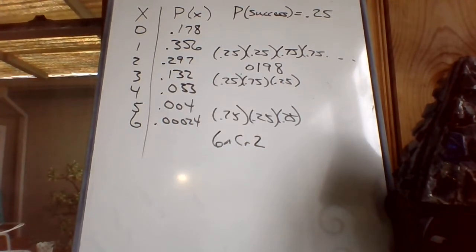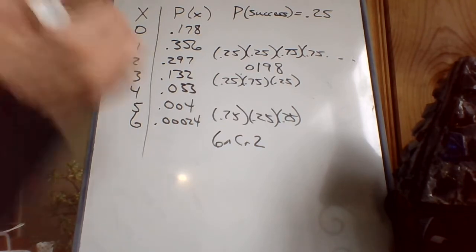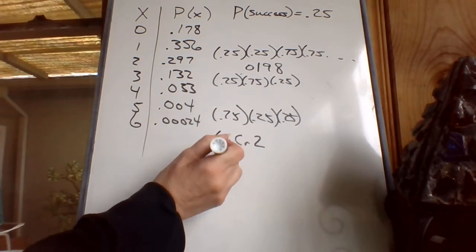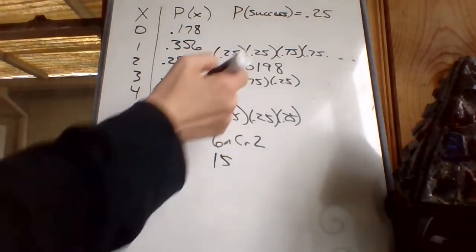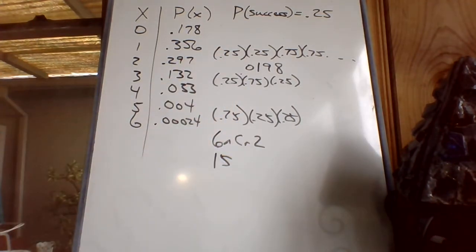How many different ways are there choosing 2 things out of 6? 6, math, PRB, nCr, 2. 15. Okay, apparently, if I had been writing those forever, there would have been 15 of those times my 0.0198.